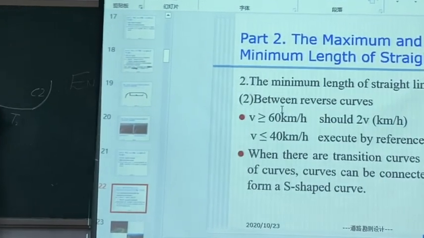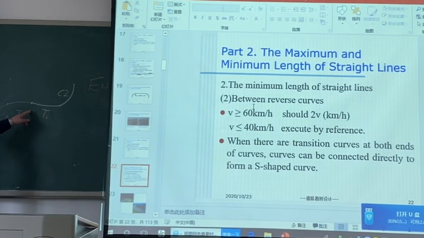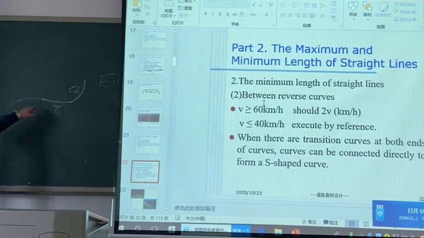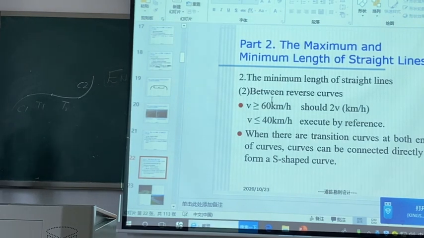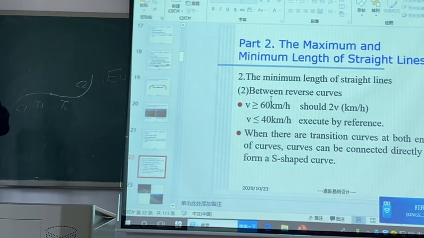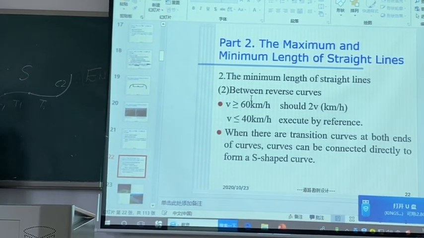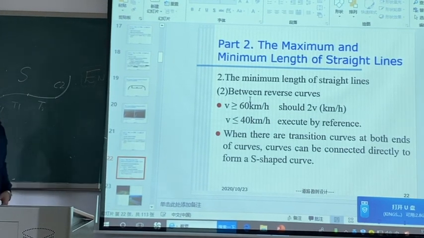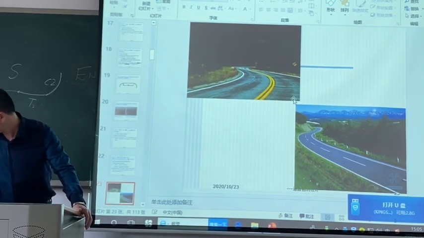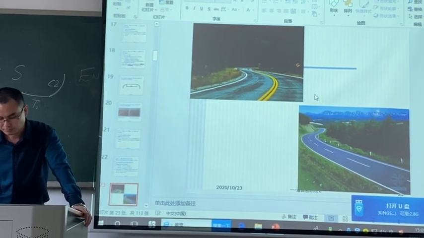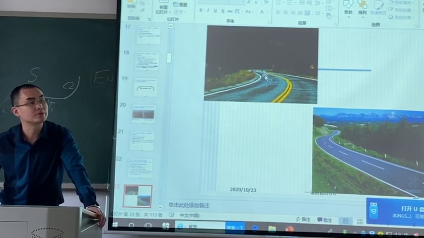No straight line between the two transition curves. This is an S-shaped curve. It is like the letter S. This is an S-shaped curve.